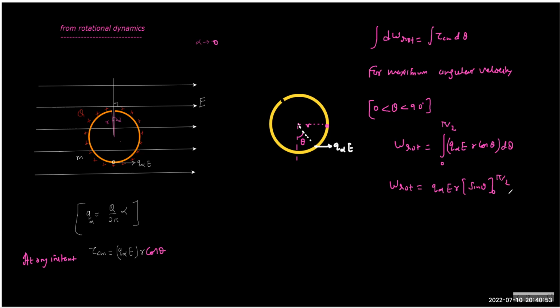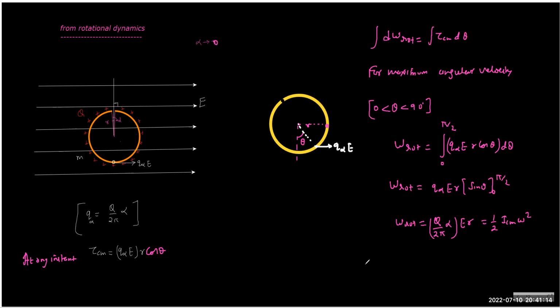And sin theta from 0 to 90 is 1. And Q alpha is how much? It's Q by 2 pi into alpha into E into R. And we know the rotational work always gives half I CM omega square. Yes. And now we're done.